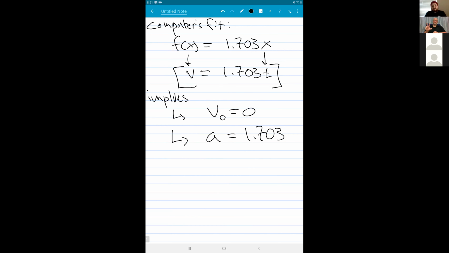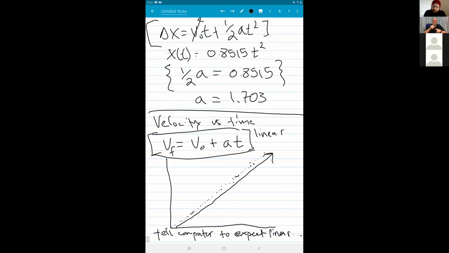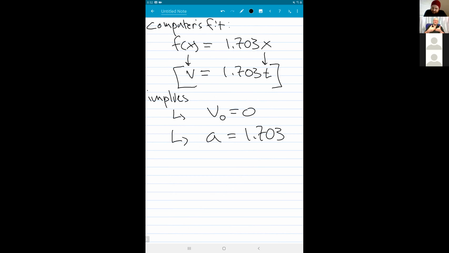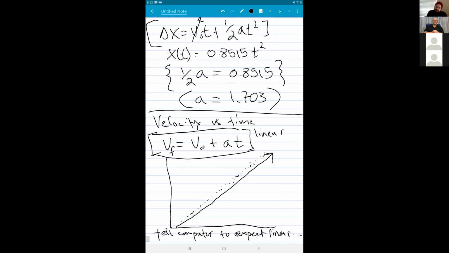Okay, which actually agrees with the last plot, right? Because 1/2 of a was 0.8515. Double it, solve that expression for a. Go back here. This 1/2 of a is equal to 0.8518. So then you solve for a and you get this thing here. Well, this other graph on the next page, if you look in the lab, this table 2.1 or figure 2.1, is the same data.